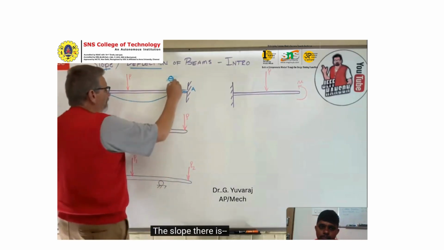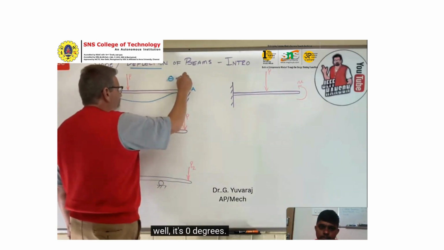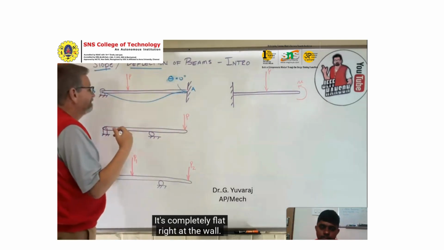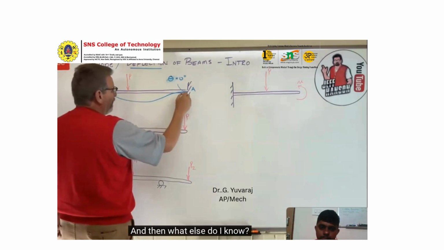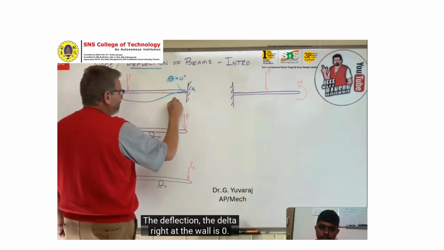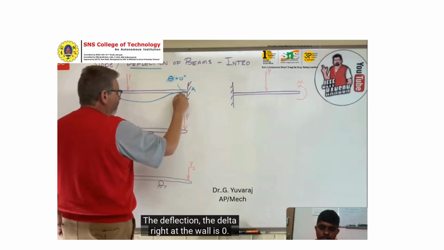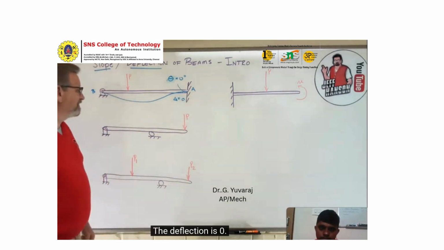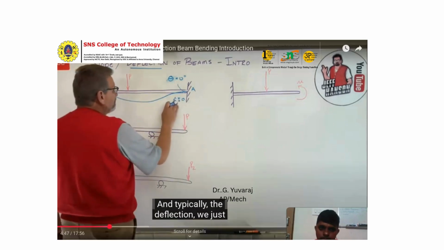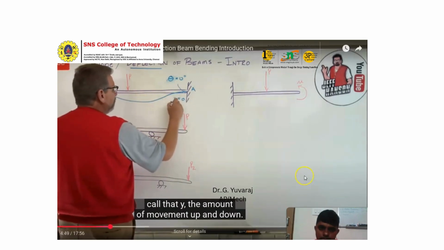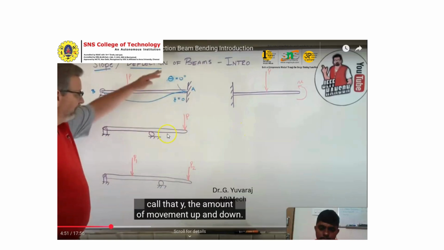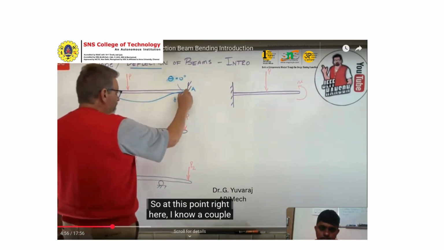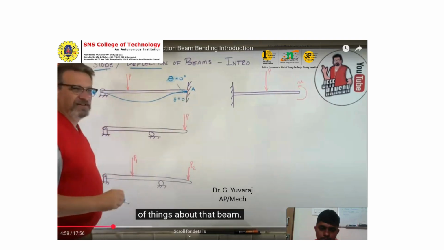The slope there is 0 degrees. It's completely flat right at the wall. And then what else do I know? The deflection, the delta, right at the wall is 0. Typically the deflection we just call y, the amount of movement up and down. So at the wall, 0. So at this point right here, I know a couple of things about that beam.